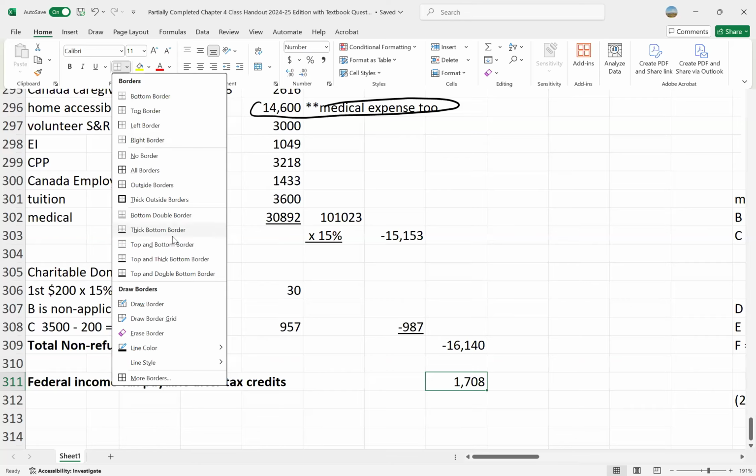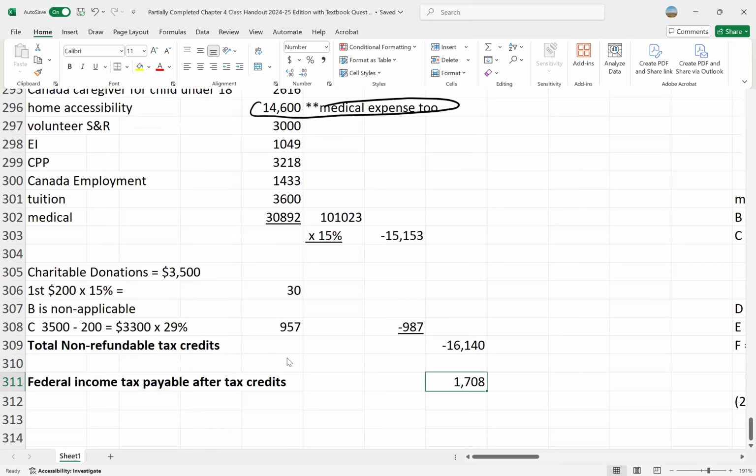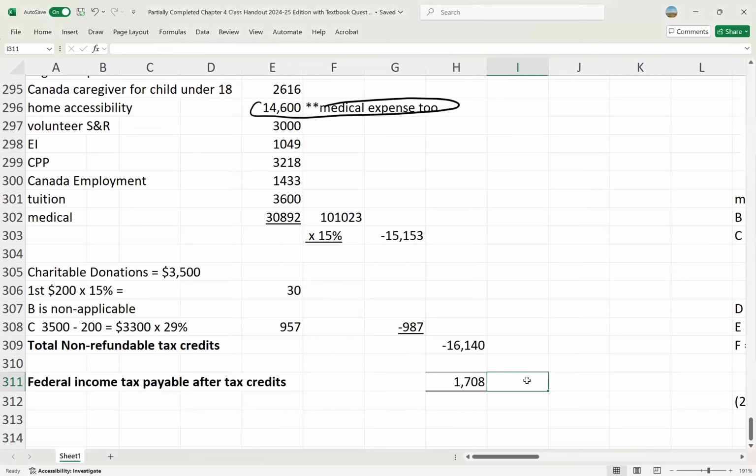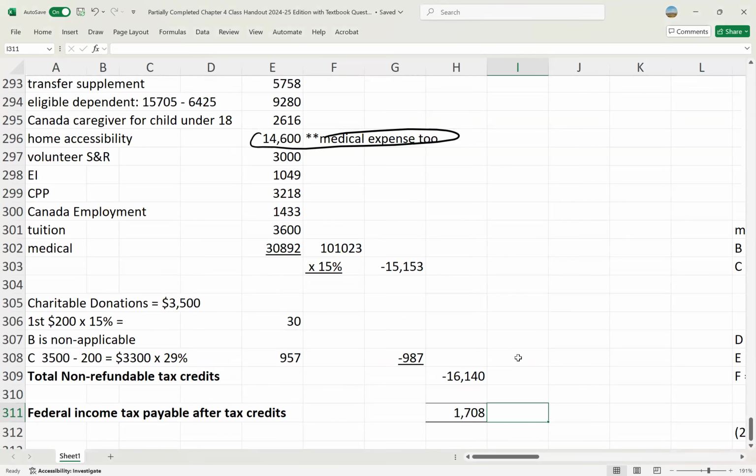Any questions about any parts of these calculations that we've done? Once again, there's a lot of information that this particular question encompassed. A lot from chapter 3, a lot of the topics that we did cover, but some topics we didn't. A lot of the tax credits that we covered, but a few that we didn't, the volunteer search and rescue.